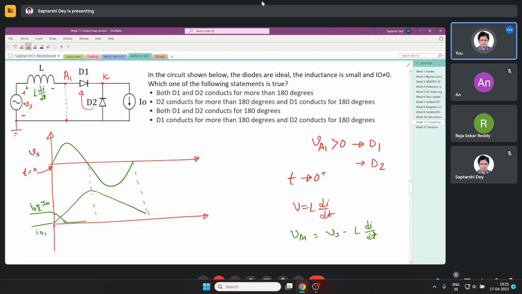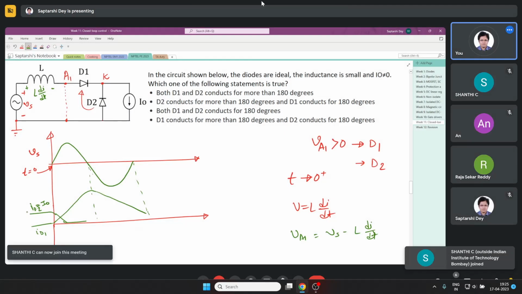Again, there is a constant current. Constant current does not have any effect on the inductor voltage, but we are not able to get back to this initial state.